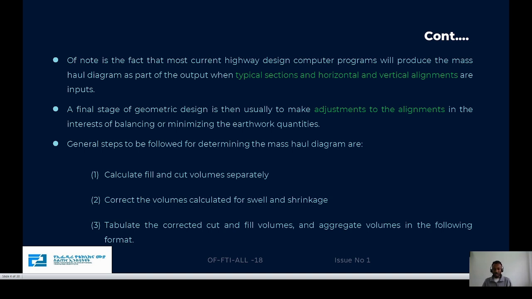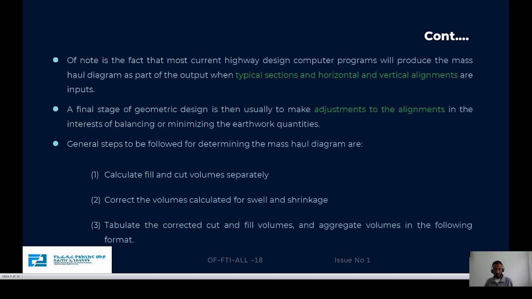Currently, highway design computer programs provide mass flow diagrams by inputting the typical section or cross sections, and the horizontal and vertical alignments. So the amount of earthwork can be minimized by adjusting the alignments.